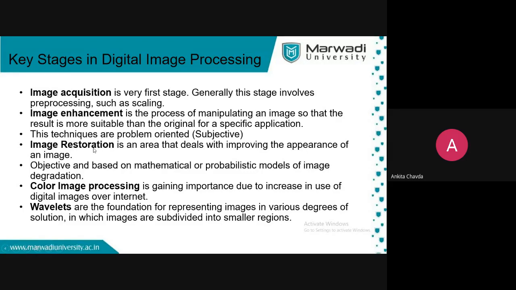Then image restoration. Restoration is an area that deals with improving the appearance of an image, objective and based on mathematical or probabilistic models of image degradation. And this is objective. This is not subjective, right? So if the image is blurred, yes, it is blurred. Okay, this is the objective.